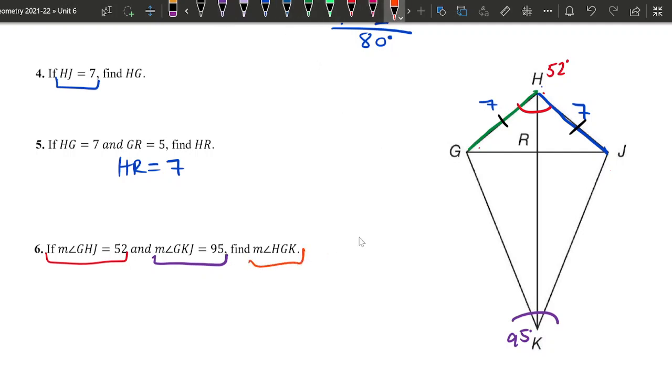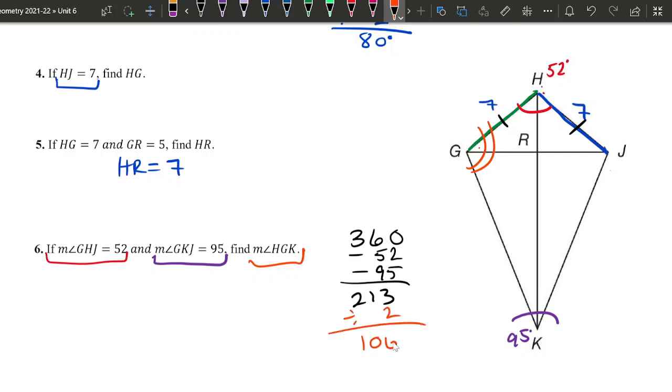Okay, so we're going to find HGK. So it's this one. So we do exactly the same as that one we just did. So 360, subtract the top angle, 52. Subtract the bottom angle, 95. And that's going to give us 213. We take that 213, we cut it in half because those other 2 angles are the same.